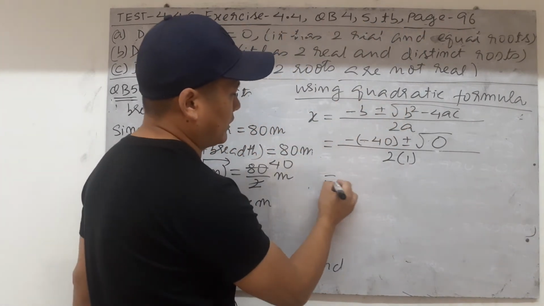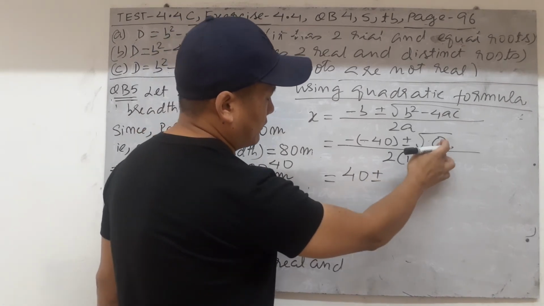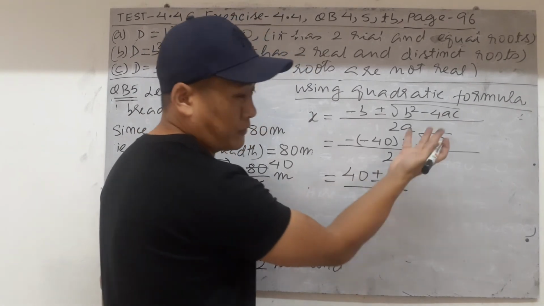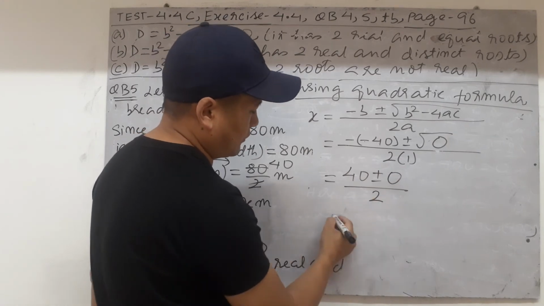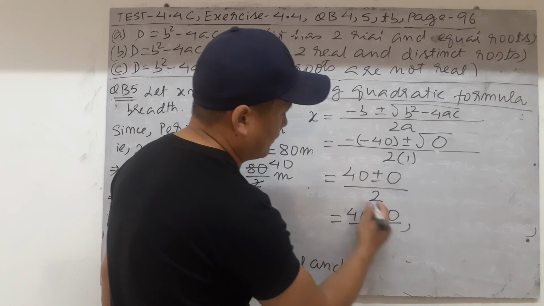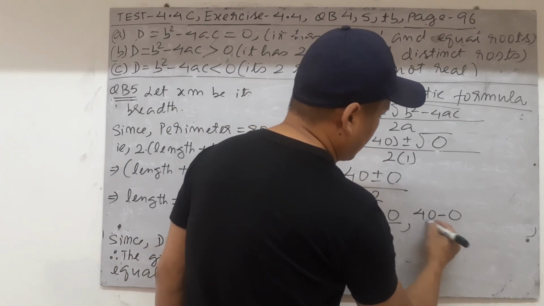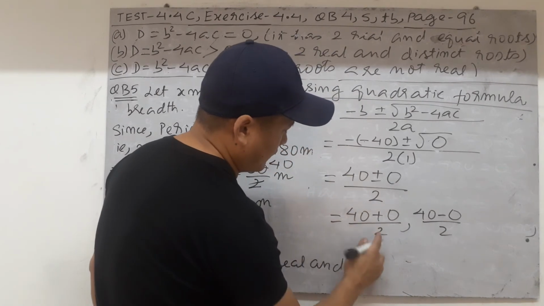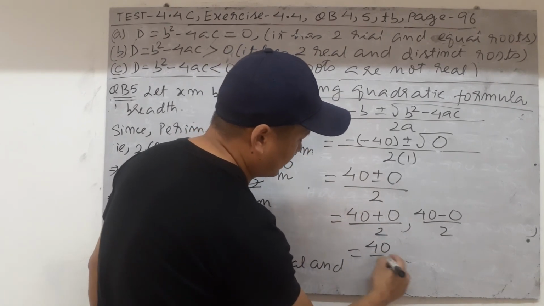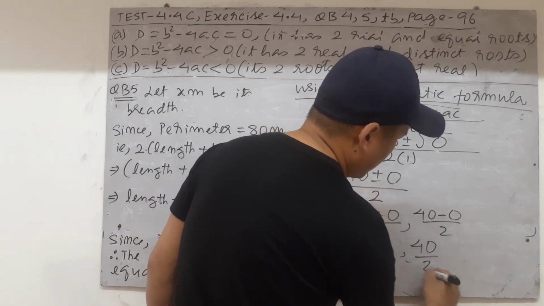Once we are through with that, minus and minus is plus 40, plus minus root 0 is 0. No root will be there. 2 ones are 2. So the first answer is 40 plus 0 by 2. Second answer is 40 minus 0 by 2. 40 plus 0 is 40 divided by 2, 40 minus 0 also 40 divided by 2.